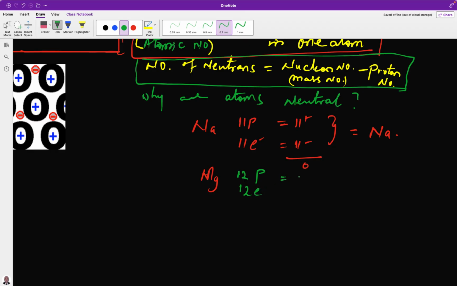Again, protons are positively charged and electrons are negatively charged. If we add all this, our total will be a neutral atom. So that's why we said atoms are neutral: the number of protons and the number of electrons are equal and they cancel out each other.